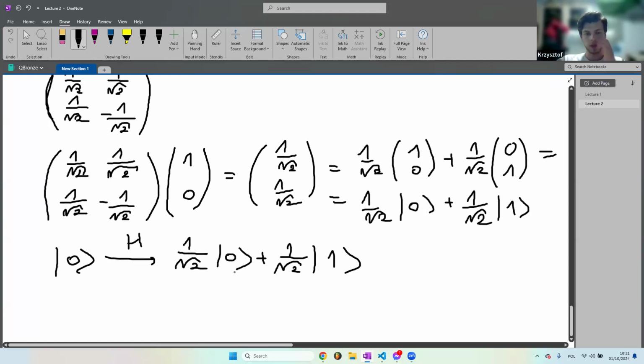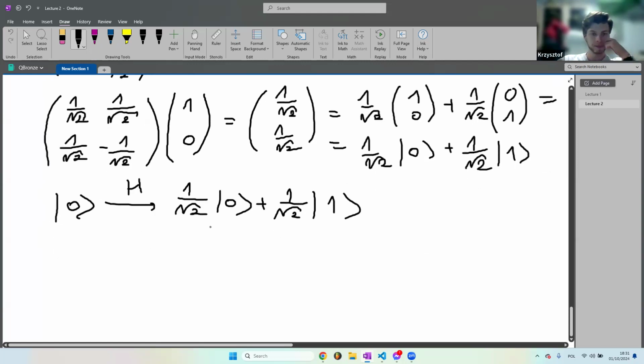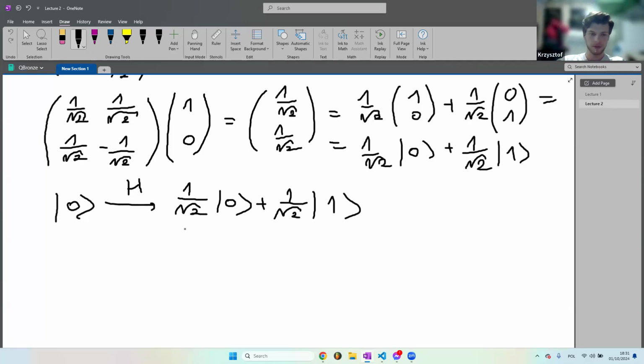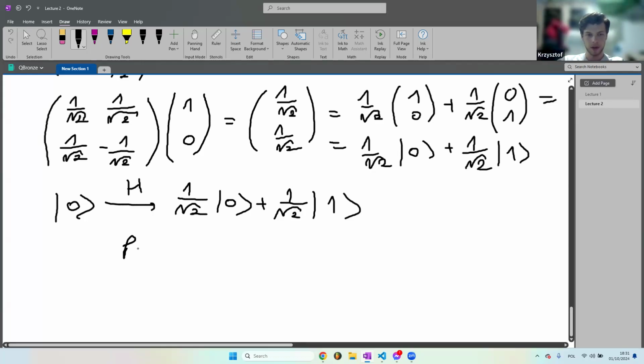So actually, when we calculate the probability, after applying the Hadamard gate, the probability of measuring the 0 state is 1 over 2, because it's 1 over square root of 2 squared.